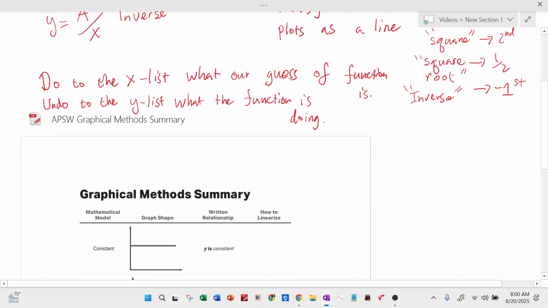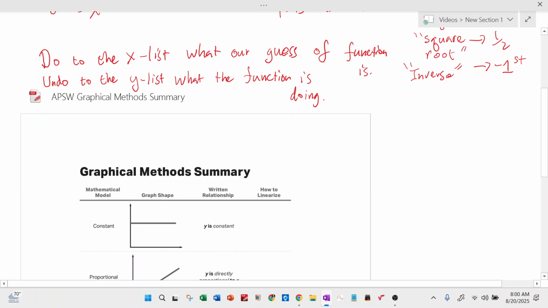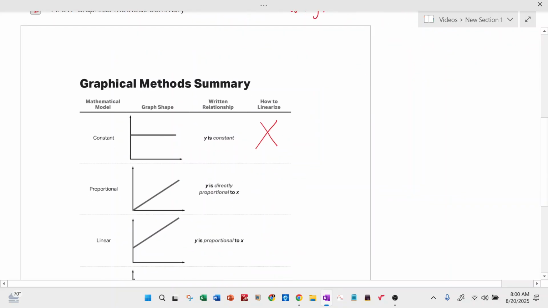Here is their graphical methods summary. So a constant function needs no linearization. It is a line. It's a horizontal line. Don't call it a straight line. All lines are straight, aren't they? It's a horizontal line. A proportional function also needs no linearization. It's a straight line with a slope, but no intercept.